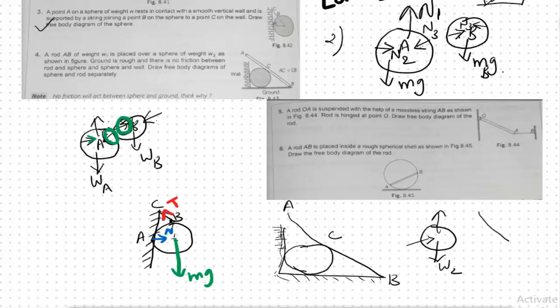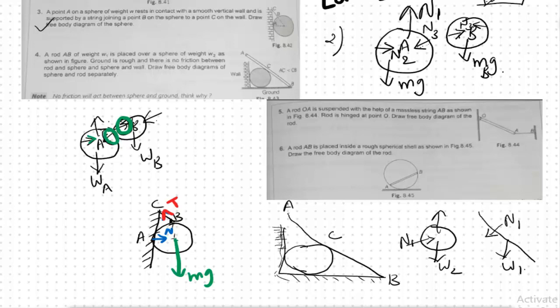Now I am considering the rod. For the rod, a weight W1 is acting here, and however much force it exerts on the sphere, that much will be the reactional force on the rod, right? Because the rod will be acting with a force on the sphere. So if I give this force as N1, the reactional force acting on it will also be N1 only.